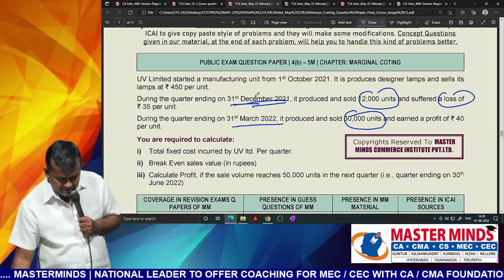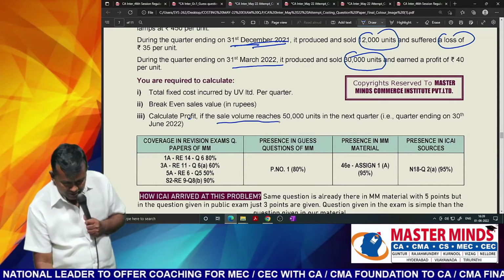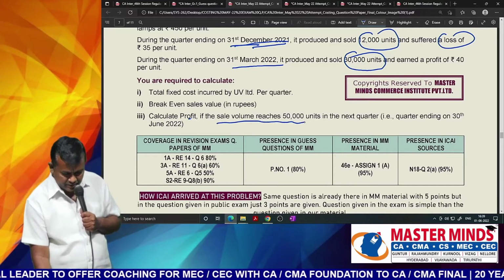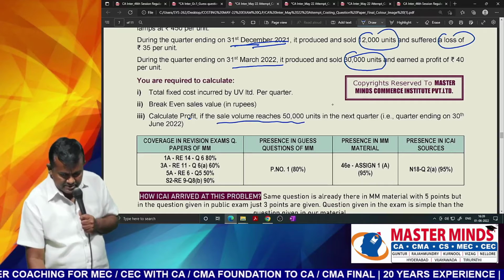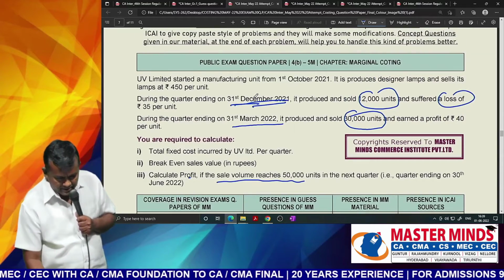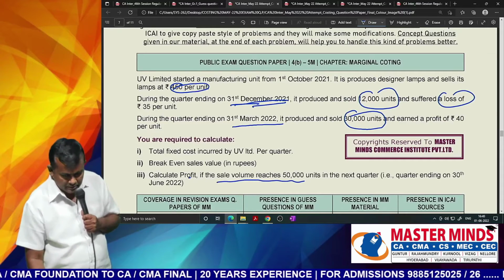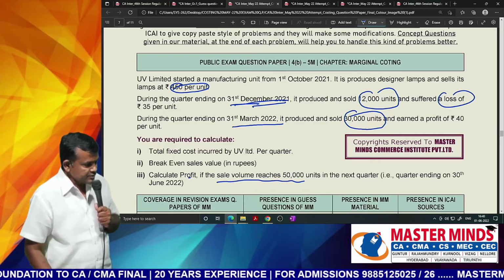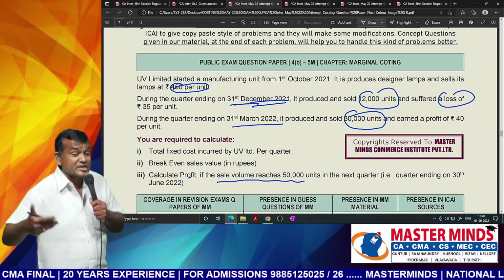Your question is asking: calculate the profit if sales volume reaches 50,000 units in the next quarter, the quarter ending 30th June. So 50,000 units; selling price per unit is already given in the problem, which is 450. So PV ratio is directly available. Convert the desired sales volume, multiplied by selling price per unit, into desired sales in rupees.